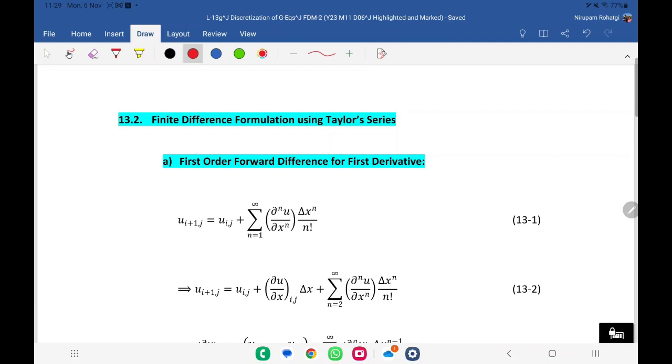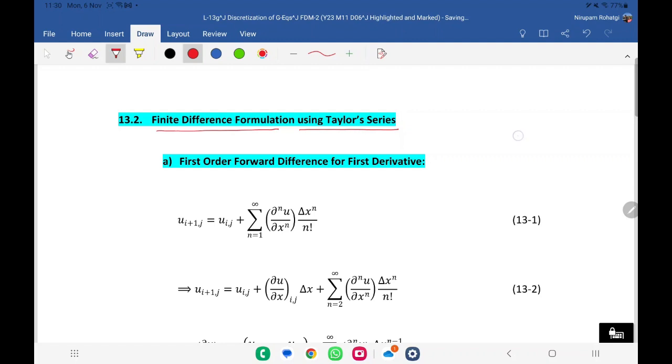So this is called finite difference formulation using Taylor series. There are three techniques for discretization.